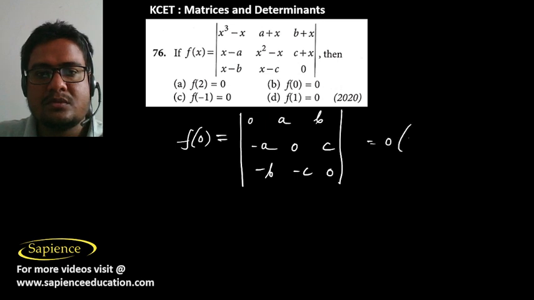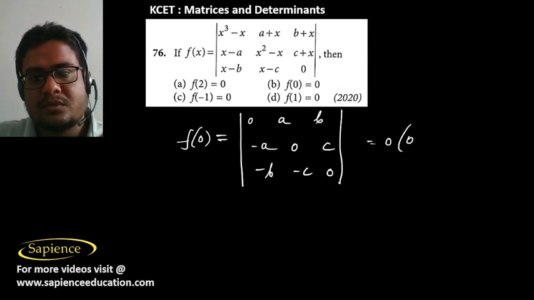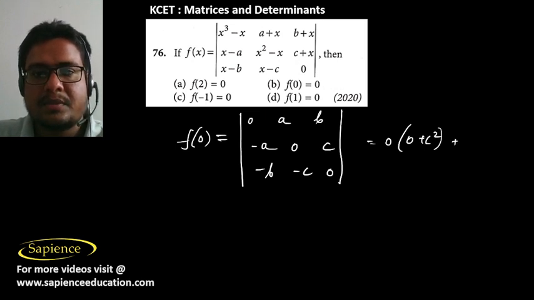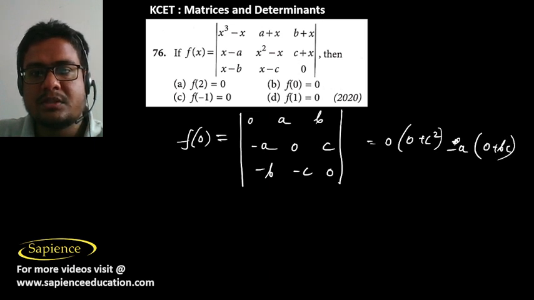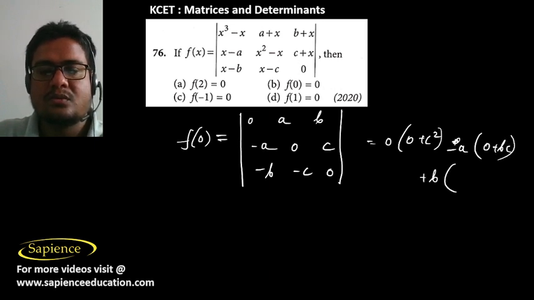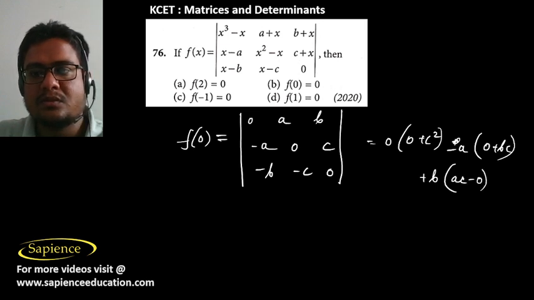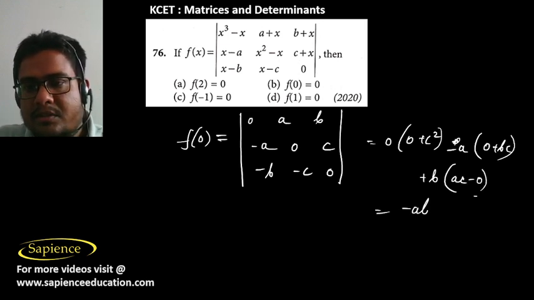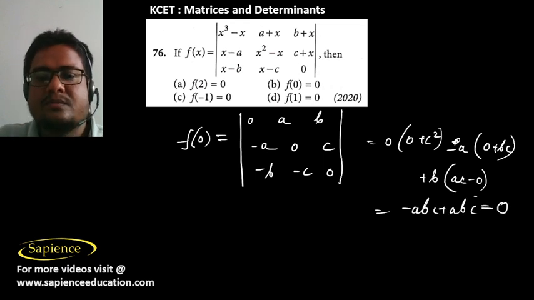This will be 0 minus of minus c square, that is plus c square, minus a into 0 minus, so plus bc, then plus b into ac minus 0. So this will be minus abc plus abc, that is equal to 0.